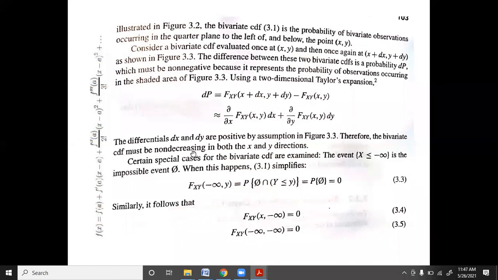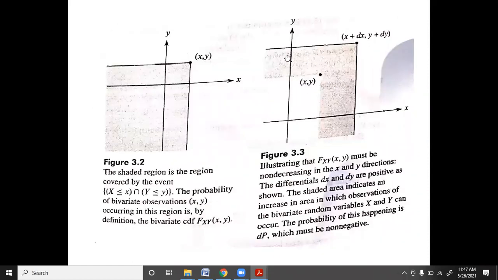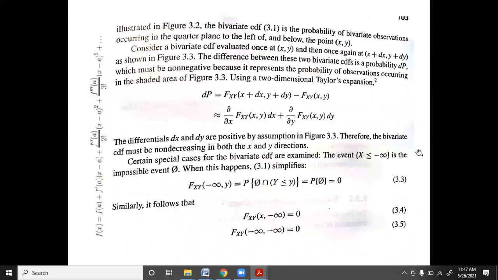The differentials dx, dy are positive by the assumption in figure 3.3, because this is a positive area. Therefore, those two quantities should be positive.